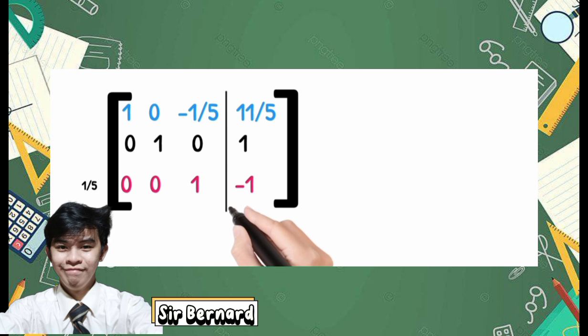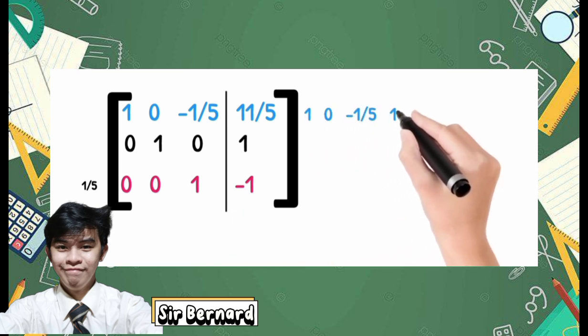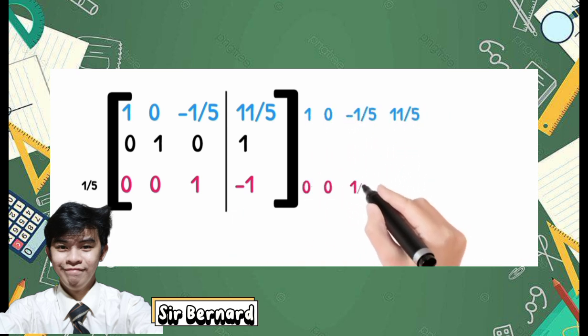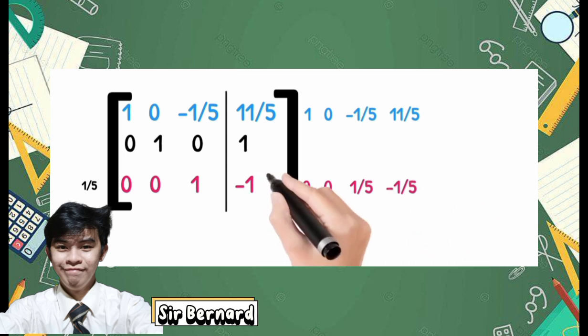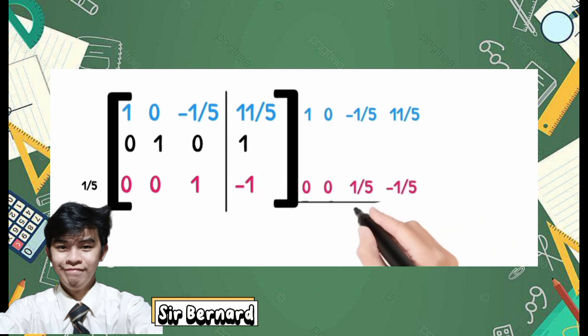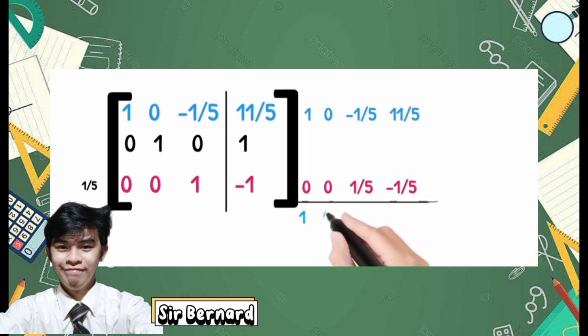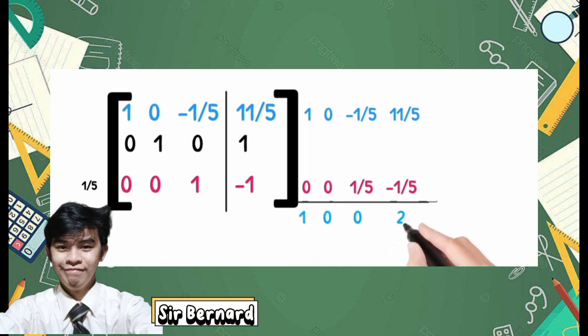And last step, we need to make the negative 1 over 5 a 0 by simply multiplying 1 over 5 by row 3 and adding to row 1. And the answer is 1, 0, 0, 2.